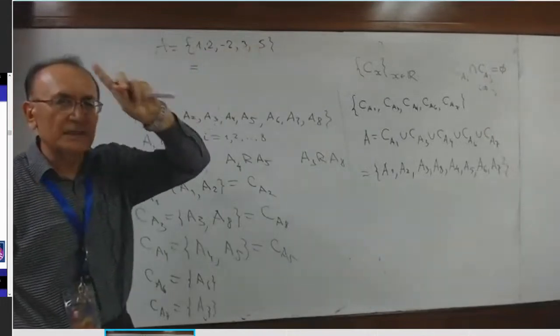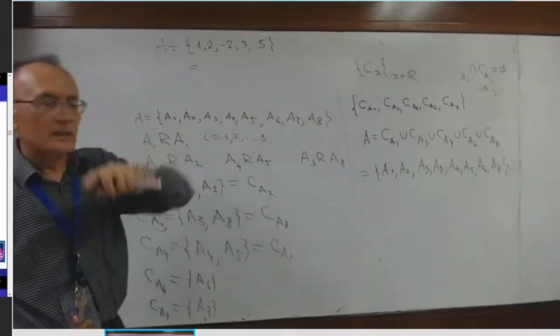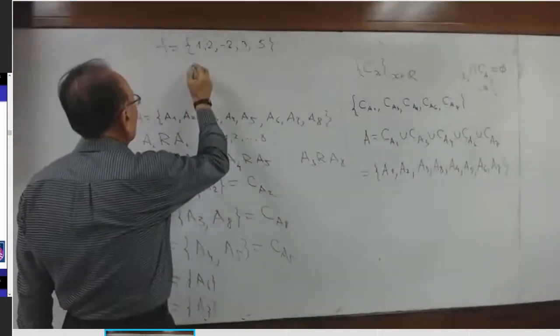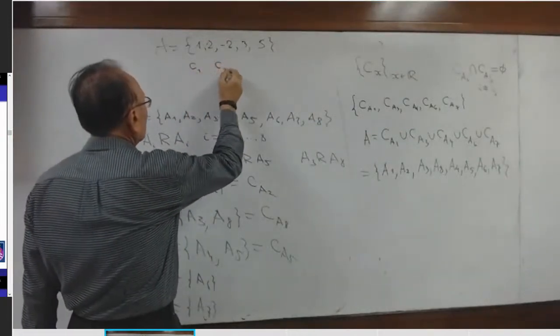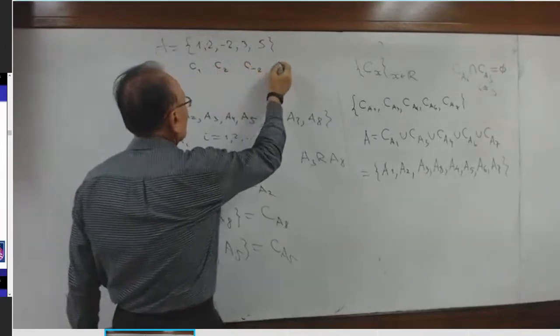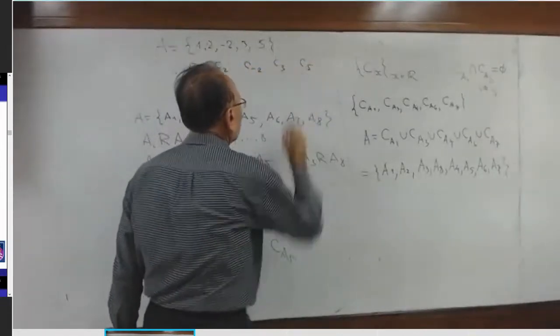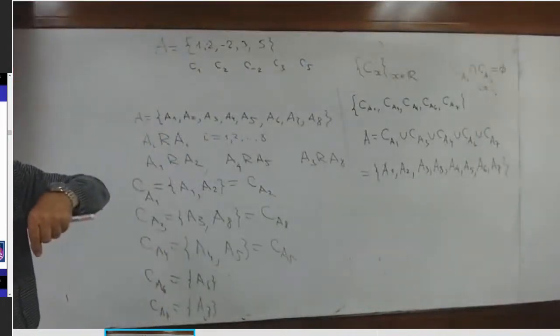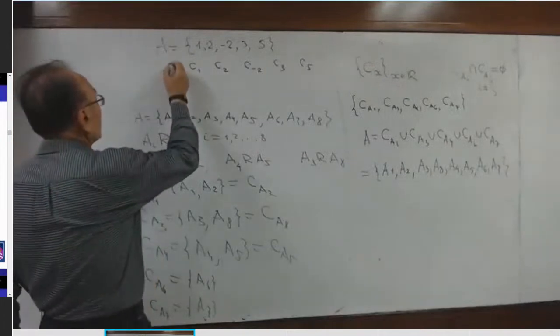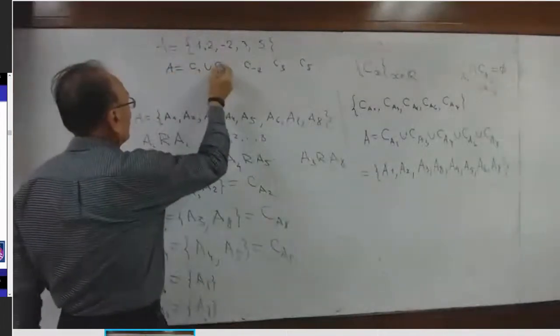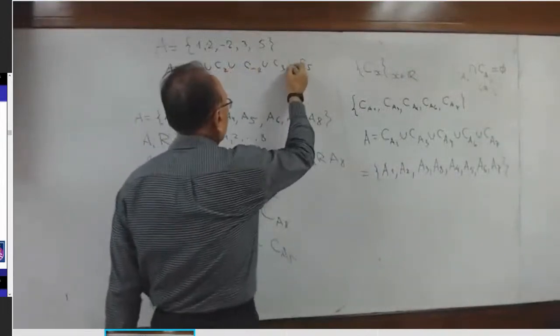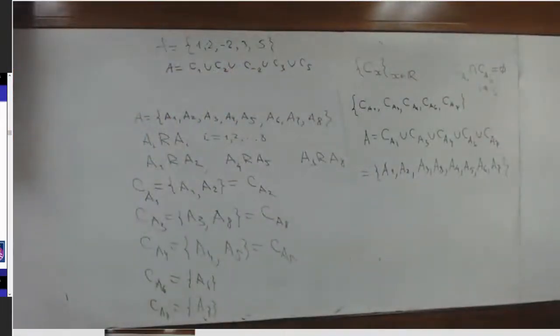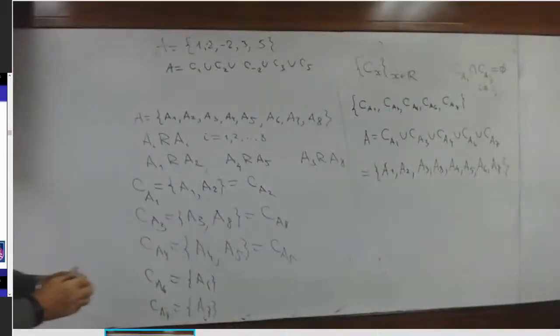Each of them is equivalent to itself only, nothing else. So how many equivalence classes do you have? C1, C2, C-2, C3, and C5. They are disjoint, being one element subsets. If you take the union of them, it's exactly A, just like in the earlier example.